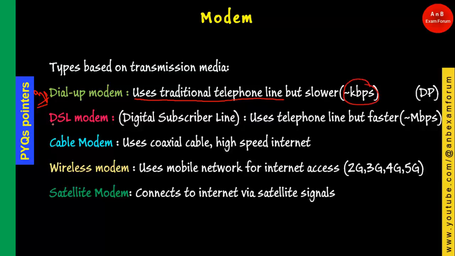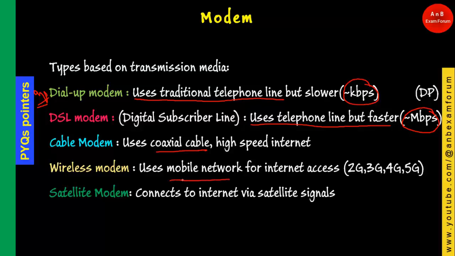And nowadays the DSL modem has come into the picture, that is digital subscriber line, which again uses a telephone line, but it is faster and the order is around 1 Mbps or more. The other is the cable modem, which uses coaxial cable. The wireless modem, as you know, uses the mobile network.